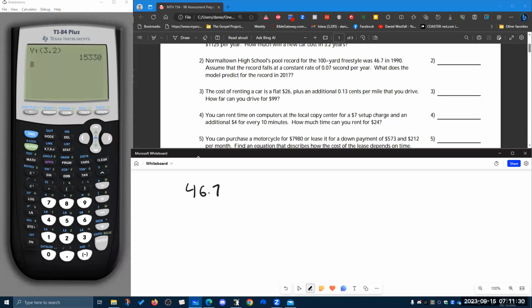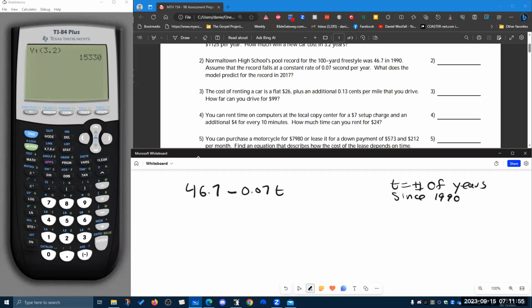Assume that the record falls at a constant rate of 0.07 of a second per year. T is equal to the number of years since 1990.